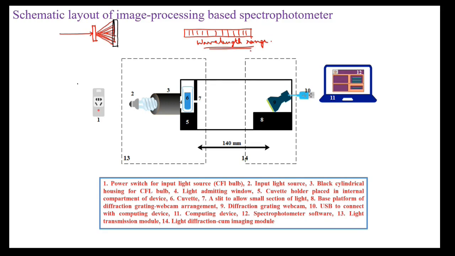Okay, now you need to optimize the distance between the diffraction grating and the imaging sensor so that you get a very good resolution. The reason being, suppose you move it slightly towards the grating, then the diffracted light is incident only onto a small region.